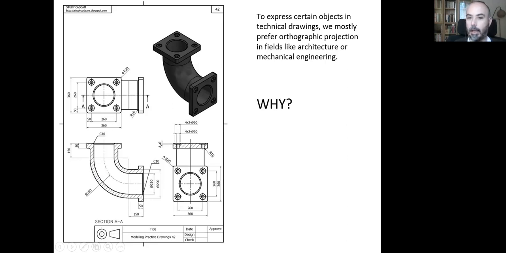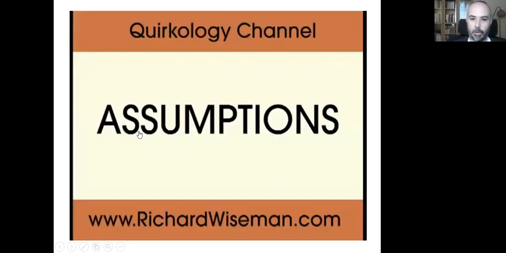Why is that? As the guy in the video told us, it's one of the easiest methods to get a true size of an object. We need the true sizes, true dimensions. So we use this method to draw.